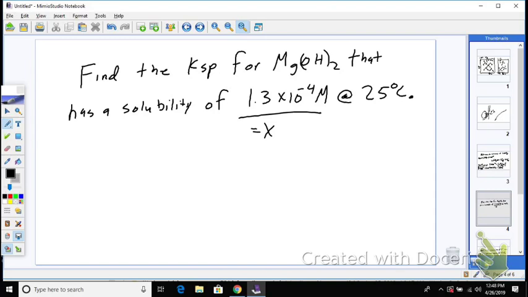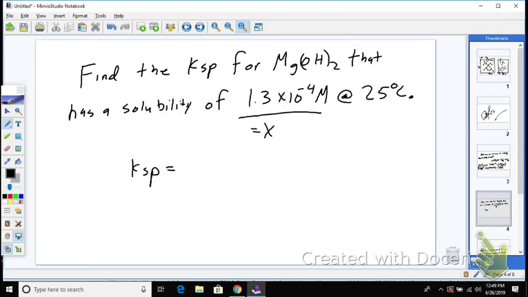So you're going to have to solve for the Ksp, knowing how that dissociates, and then plugging in X. As you plug X into your equation, you'll get your Ksp. So you do the same thing as we originally did. You have to dissociate it to see what the ratio is of your magnesium to hydroxide.